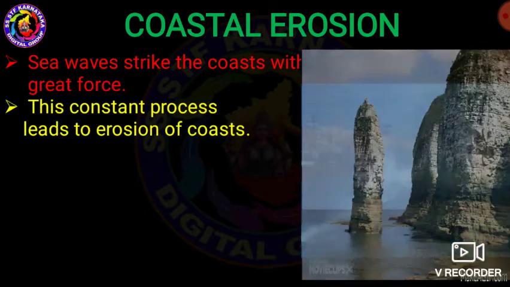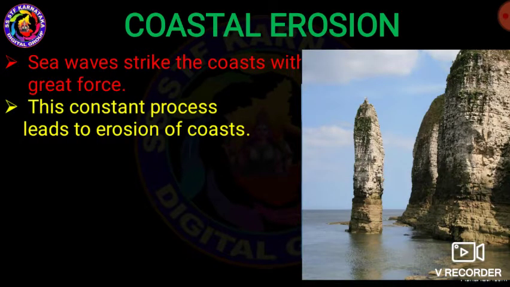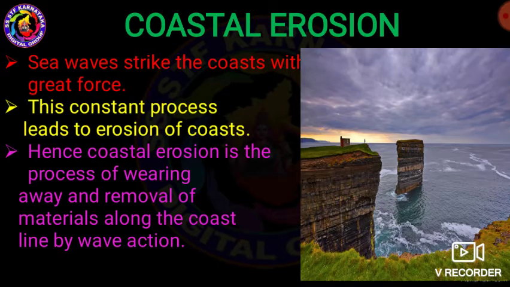My dear students, coastal erosion: sea waves strike the coast with great force. This constant process leads to erosion of the coast. Then the coastal erosion is the process of wearing away and removal of materials along the coastline by wave action.